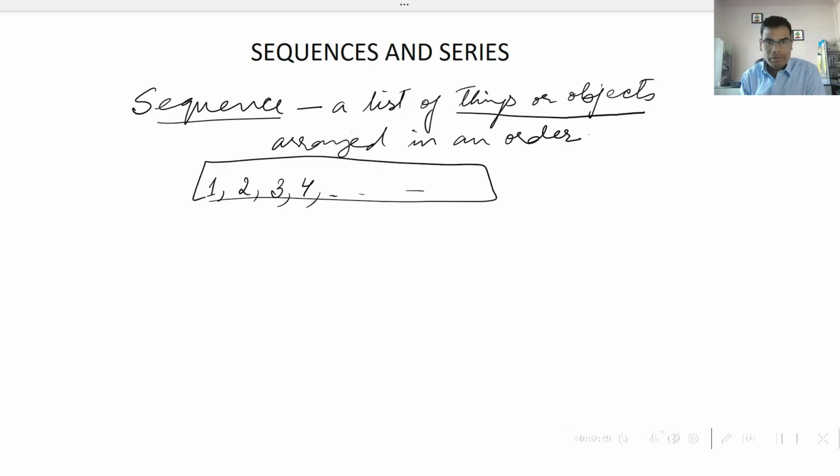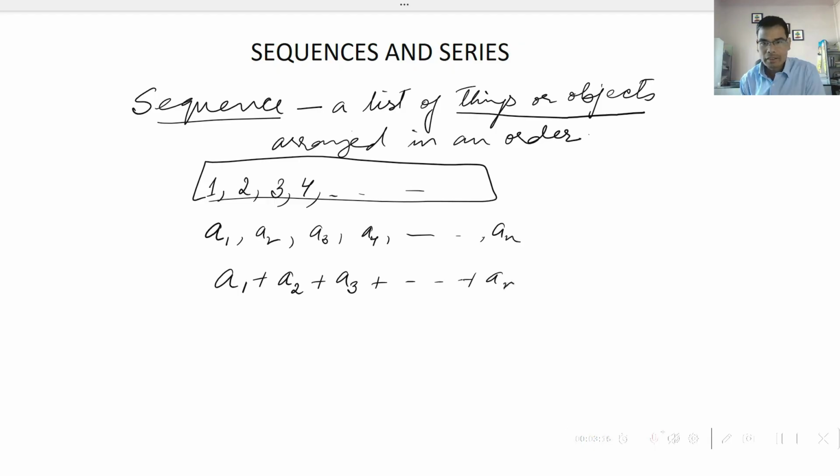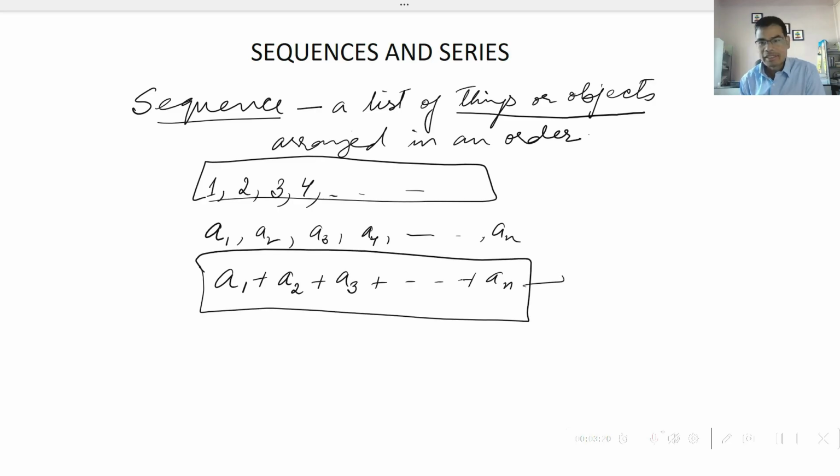Now whenever we have a sequence, say in general A1, A2, A3, then A4, and so on, then we add this list of objects which is arranged in an order, A1 plus A2 plus A3, say up to AN, then this sum we call a series.